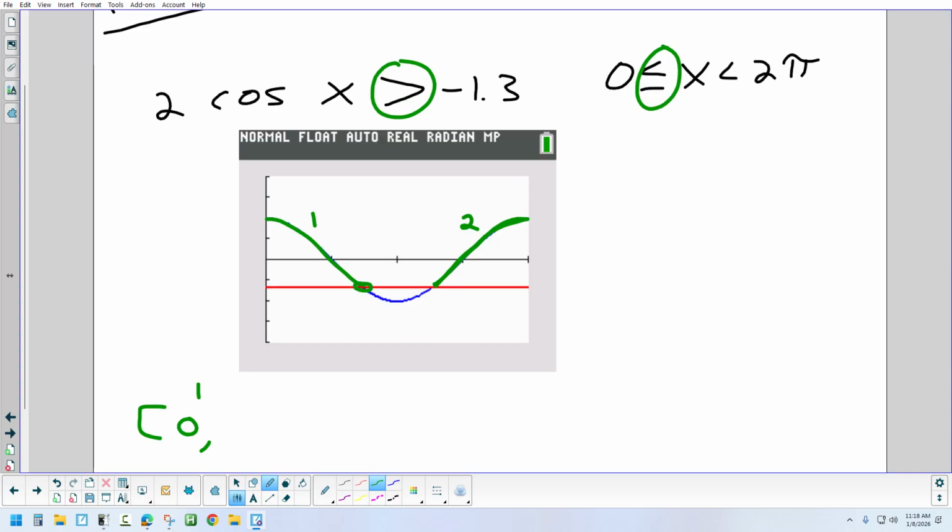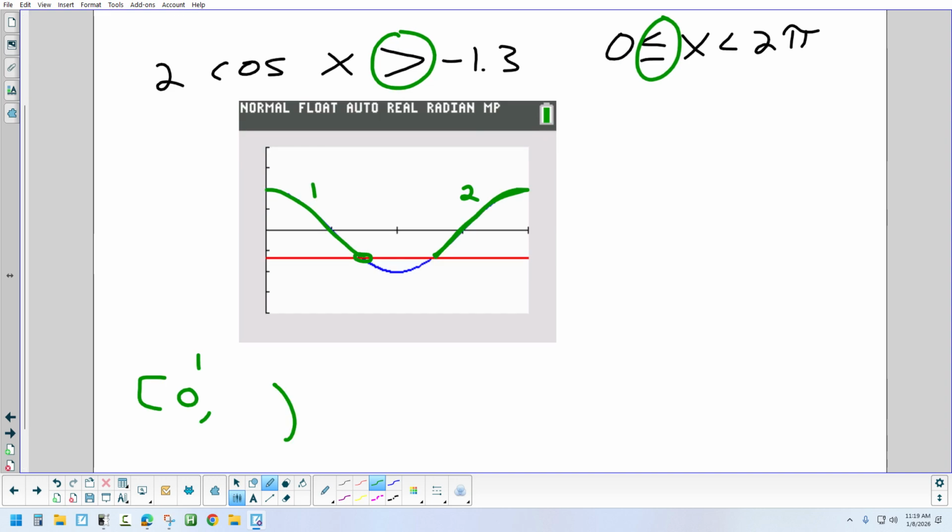If I'm not going to include it, what symbol should I use? Parenthesis. We'll figure out what that number is in a second. But now we have another interval we have to describe. When I have to describe two intervals, what symbol do I put between them?